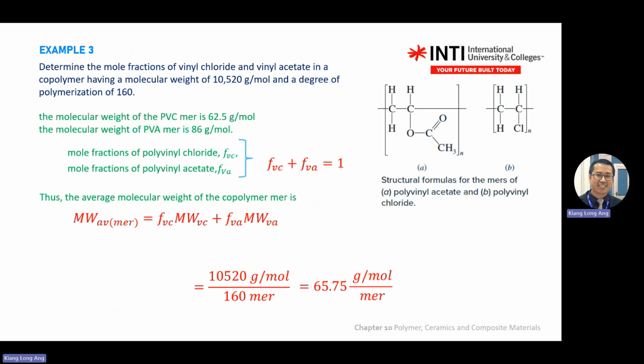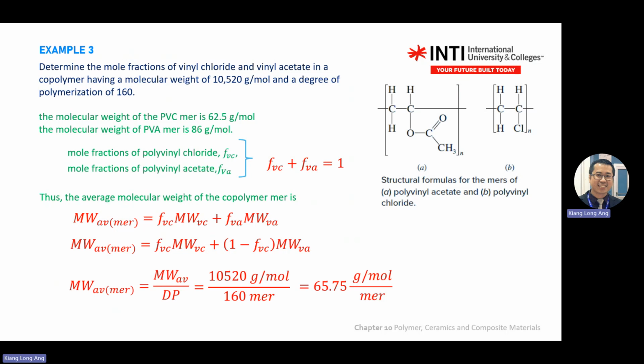Again, this is a formula similar to your composite chapter. Okay, so the average molecular weight equals fraction of VC plus fraction of VA. And you can convert the VA to VC terms. All right, 1 minus VC is the same as this one.